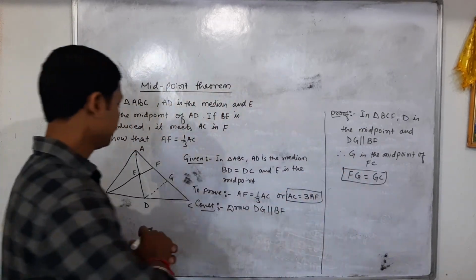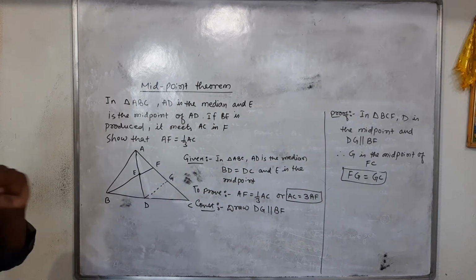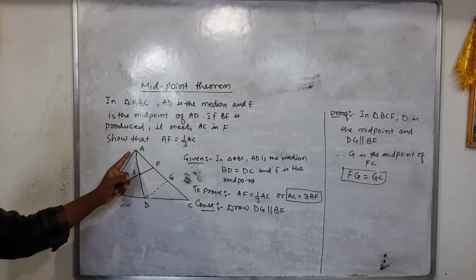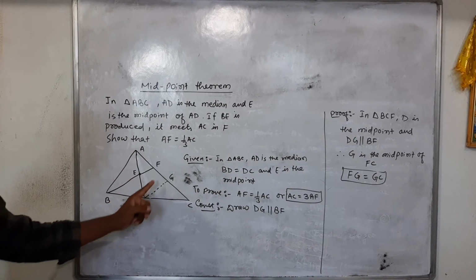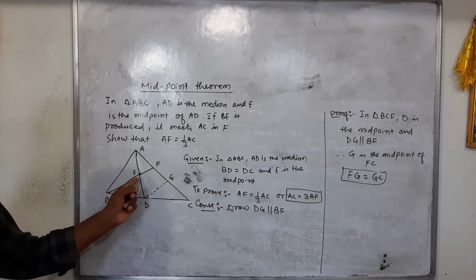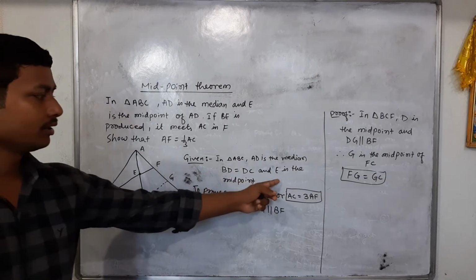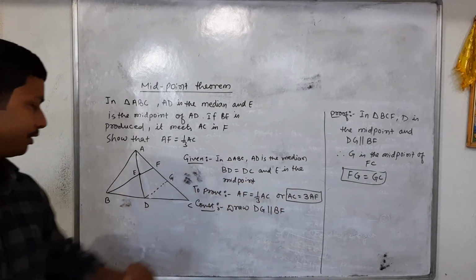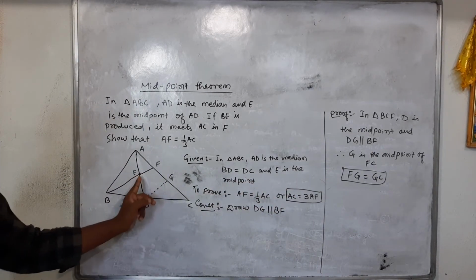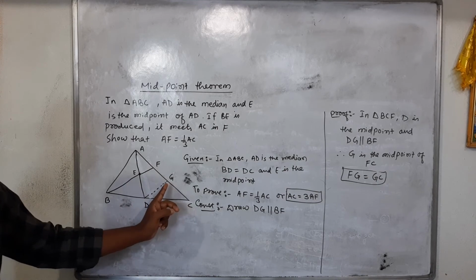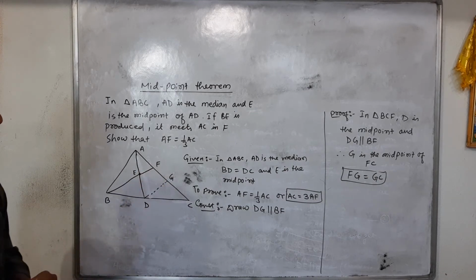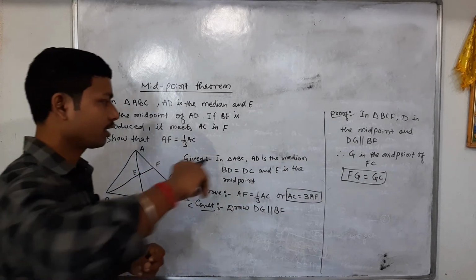Again I will take a triangle ADG, because here we have a midpoint, that is E. It is given in the question. E is the midpoint and EF is parallel to DG, so F will also be a midpoint.